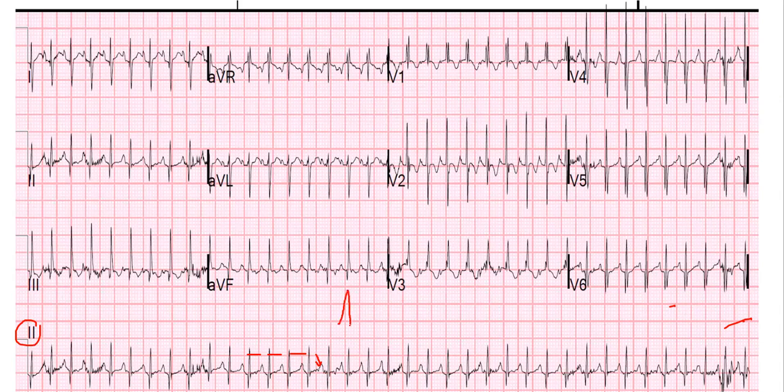Ideally, the QRS complex is between 1 to 2 small squares. But in a patient with SVT, the QRS complex even becomes less than 1 small square. It's very narrow. You can see how narrow it is, but normally it should be between like this. Okay, so narrow QRS complex is one of the findings of SVT.